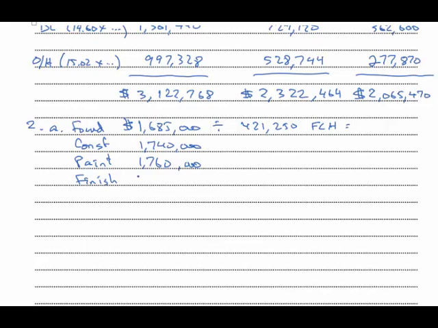And finishing 2,325,000. So here we've got 500,000 construction labor hours, same as those direct labor hours from above, 550,000 painting hours and 750,000 finishing hours.